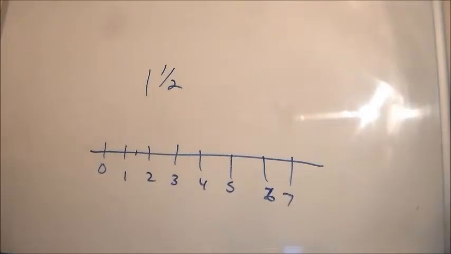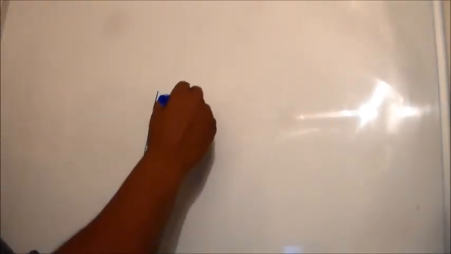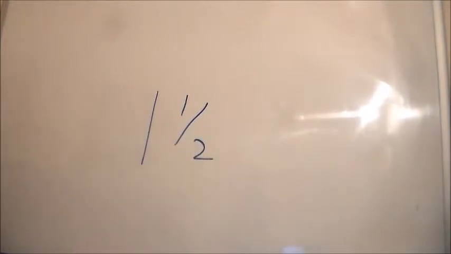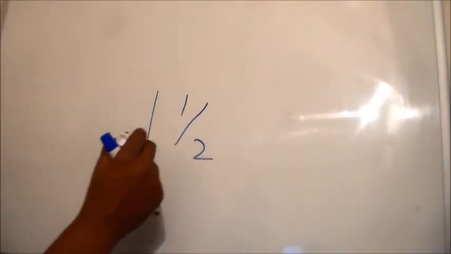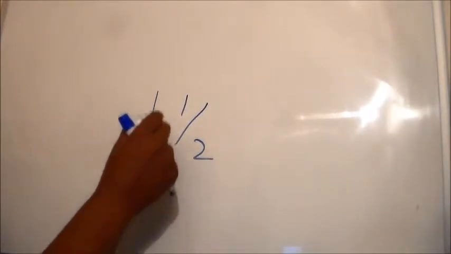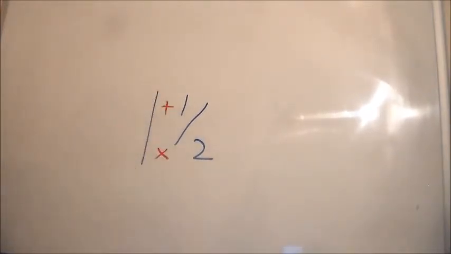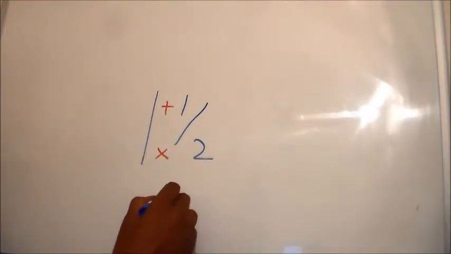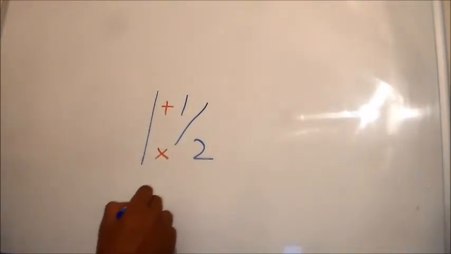Now, when we take this number, we can also turn it into an improper fraction. But the way we do that is we have to think of this as, and I'm going to use a different color, I'm going to put a times symbol there and a plus symbol here. And what we do is we work it from, let's say, whole number is the outside, which is the 1.